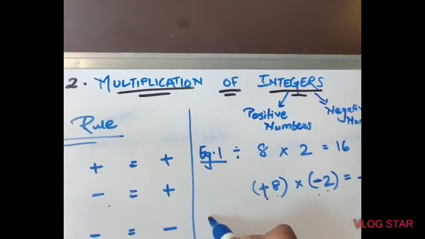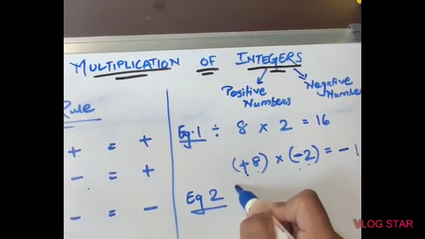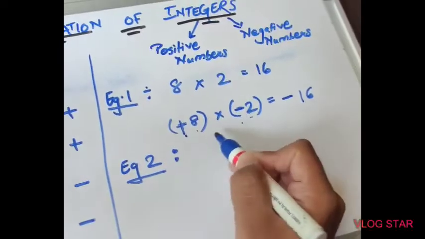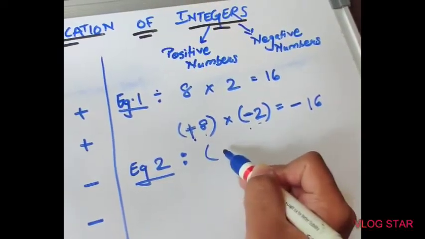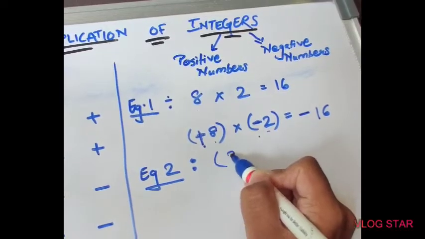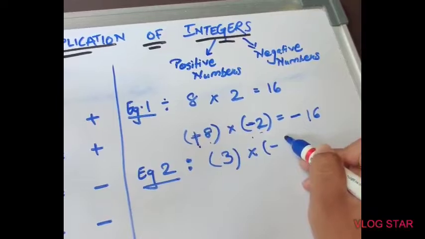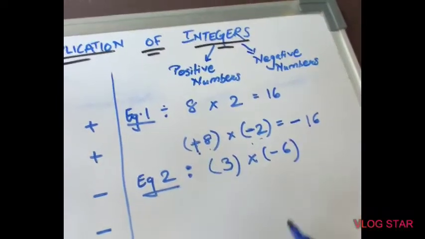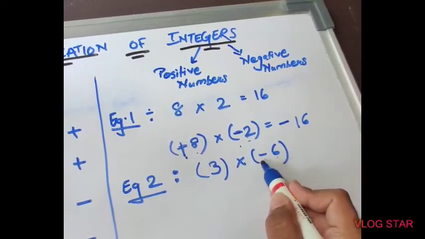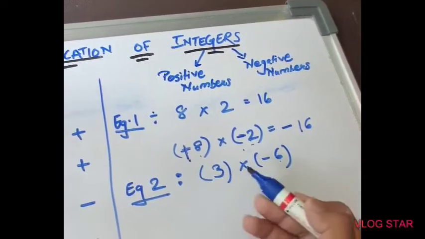Let's look at example number 2. Consider I give you the numbers 3 into minus 6. Here 6 has a sign of minus, but 3 doesn't have any sign.